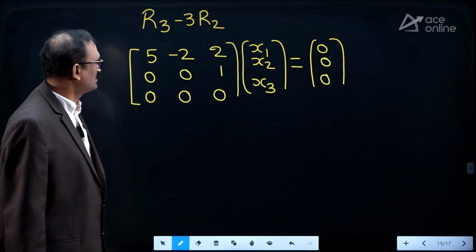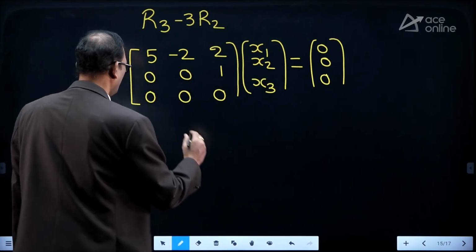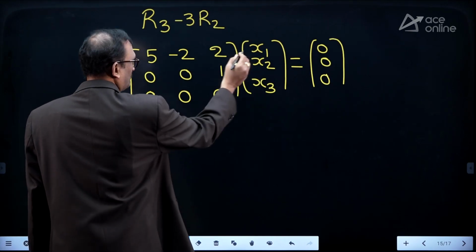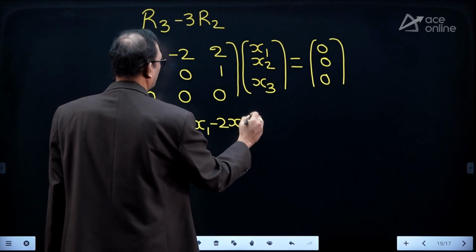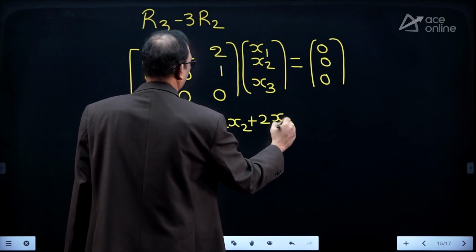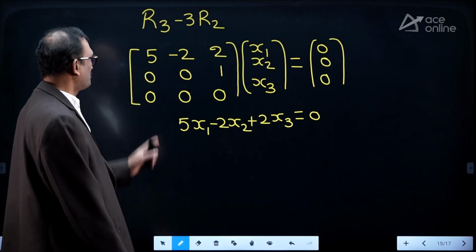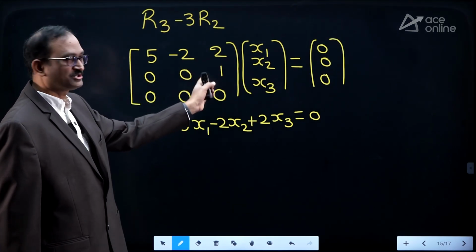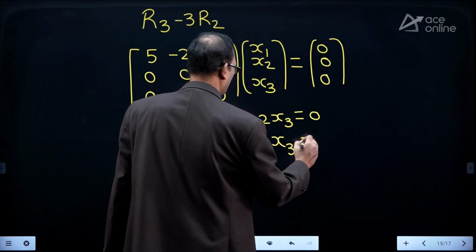Now the first equation, tell me: 5x1 minus 2x2 plus 2x3. The first equation is 5 into x1 minus 2 into x2 plus 2 into x3 equal to 0. This is the first equation. Second equation: 0x1 plus 0x2 plus 1x3 equal to 0, that is, x3 equal to 0.